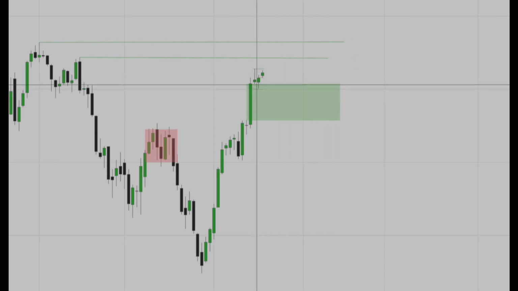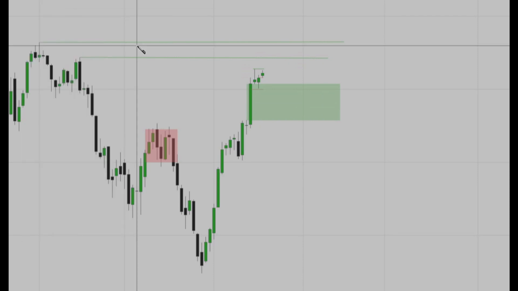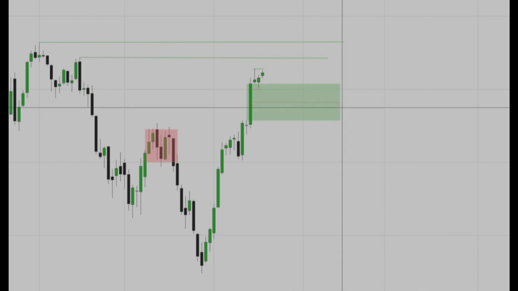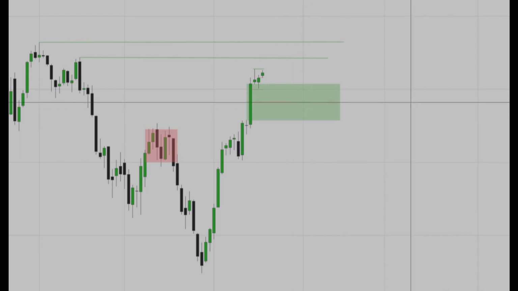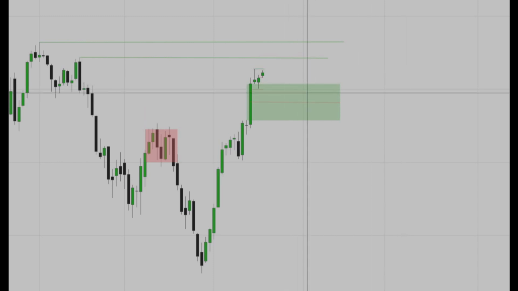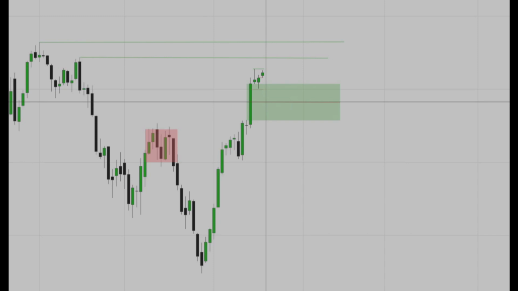We dug into it here. I want to see us reach somewhat close to the consequent encroachment of that level. Obviously, I don't think that's going to happen today.